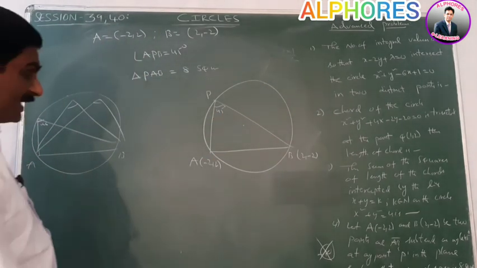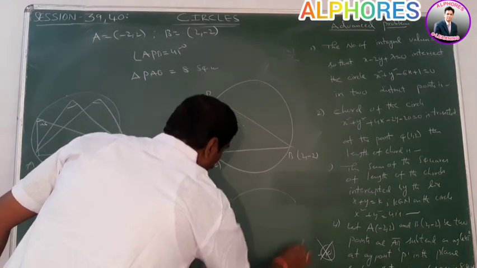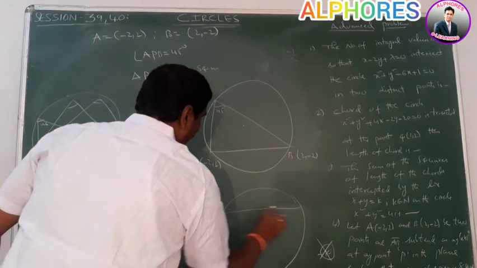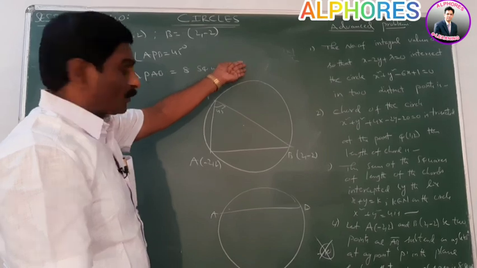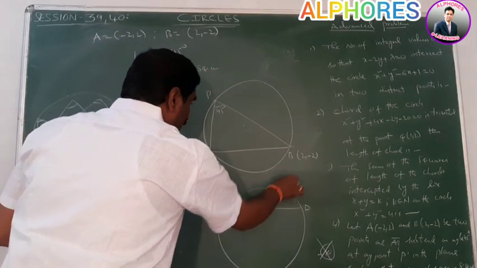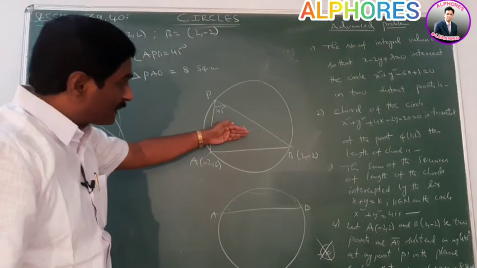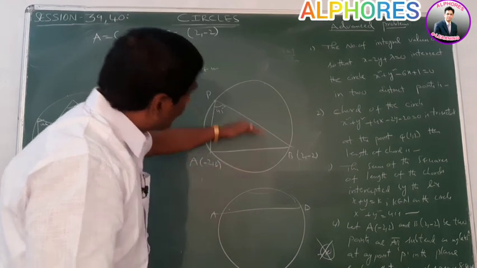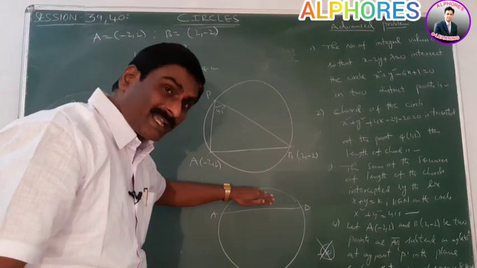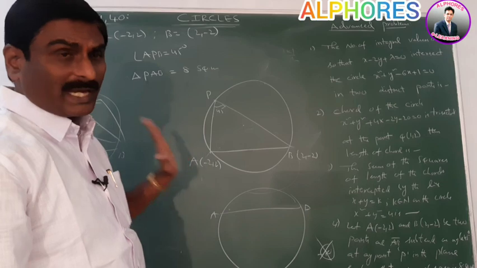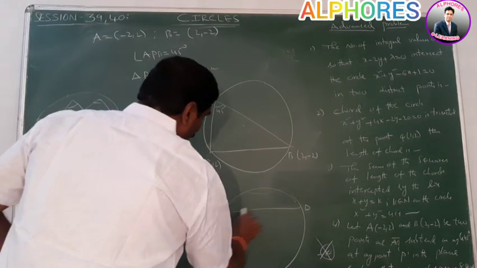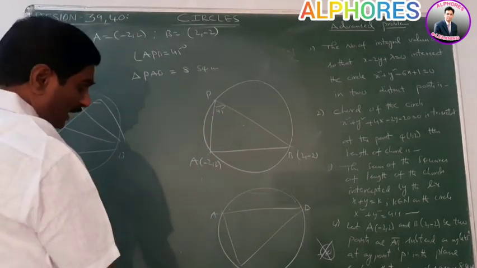Or in this way also. Suppose AB is this. The circle is upwards, major segment lies upwards, or below, in this case also possible. Major segment above the line segment or below this line segment, two circles are possible. So in this way, this angle is also 45 degrees.